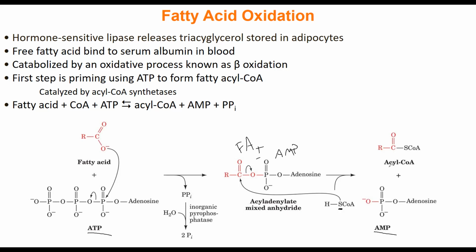So we're going to make fatty acid Acyl-CoA here, where this R is just our fatty acid chain. That's going to be our first step in this process, making our fatty acid coenzyme A. This is done by Acyl-CoA synthetase. Synthetase is an enzyme that makes something. Here we're making acyl coenzyme A. So that's the first step in our fatty acid oxidation process.